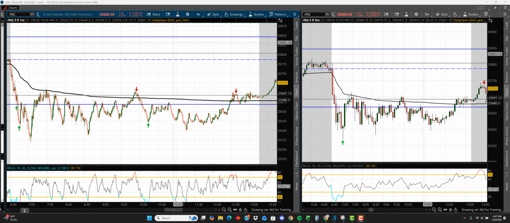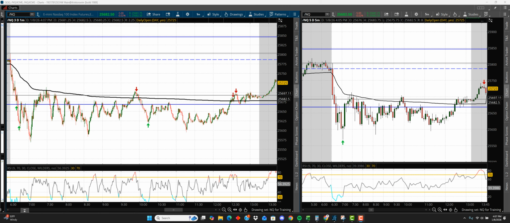I do have on it the daily open, overnight low and overnight high, and on this one I've also put the first 5 minute bar high and low. Some people use that. I don't usually use much, but I put it on here because I want to show you guys during the day sometimes it acts as a support or resistance, and it did that today.